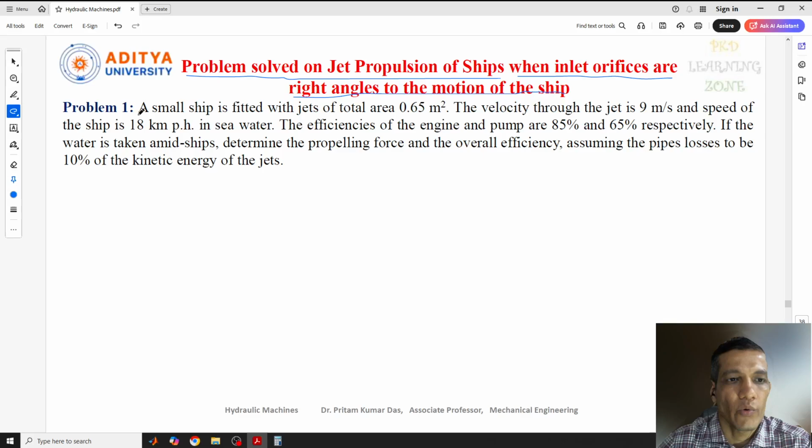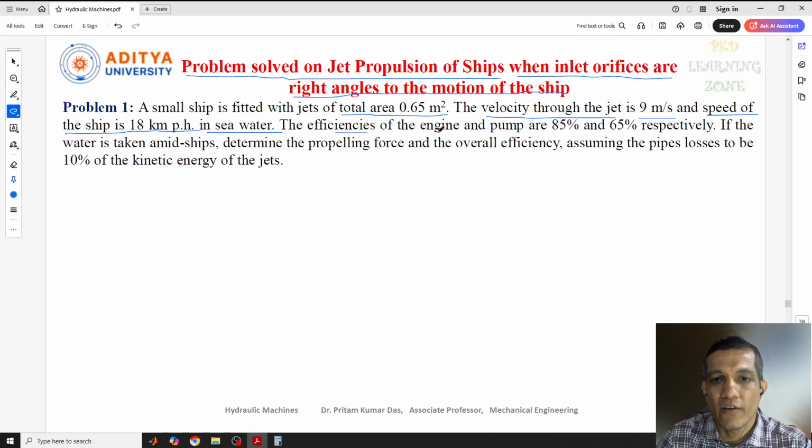So here I have taken a question. A small ship is fitted with jets of total area. So area is given in this question, total area is given 0.65 meter square. The velocity through the jet is 9 meter per second, and the speed of the ship is given 18 km per hour in the seawater.